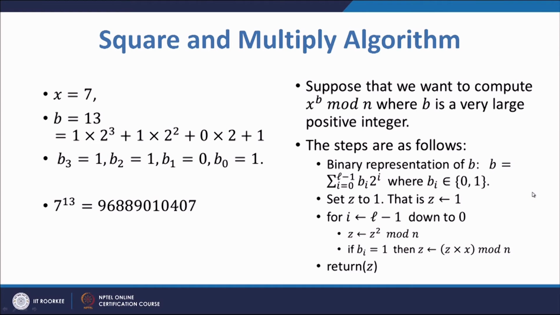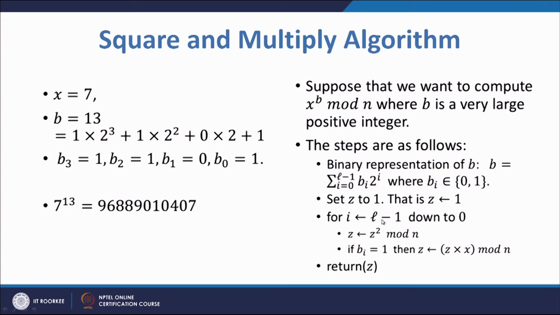We will see how to do that, and then first we set z to 1, that is, 1 is placed in z, and then we go into a loop, and the loop depends on the length of b, and it comes down stepwise, and at each step I square z and then I check whether the corresponding coefficient in the representation of b is 1.